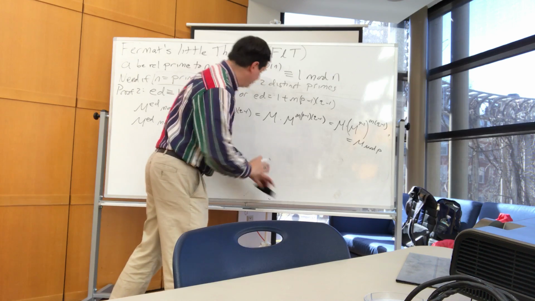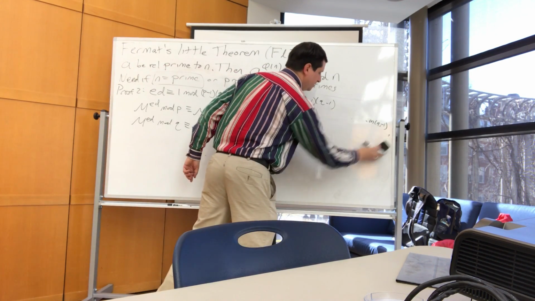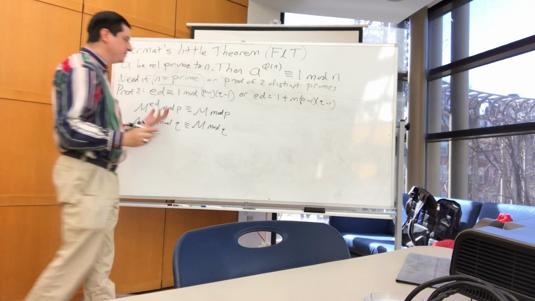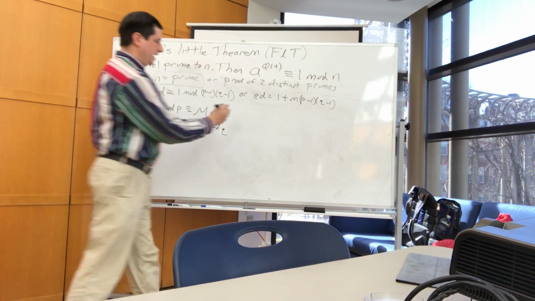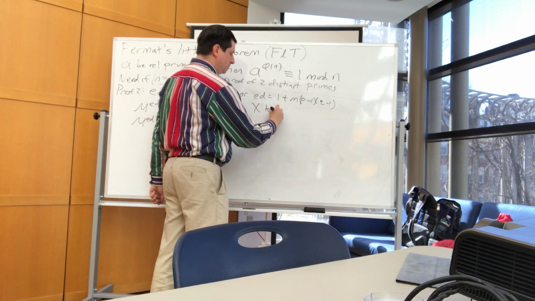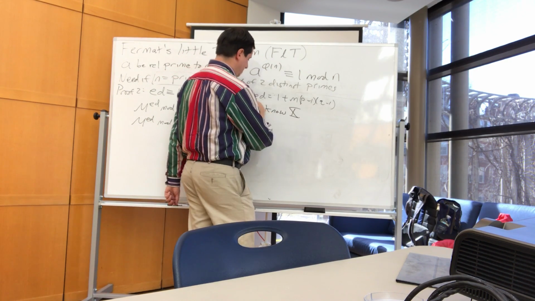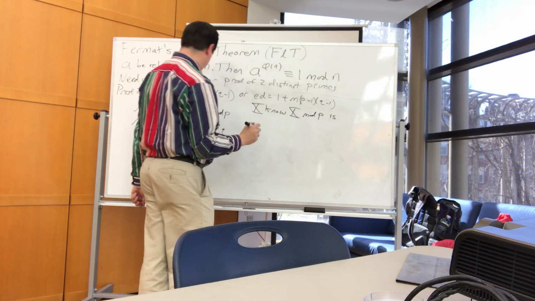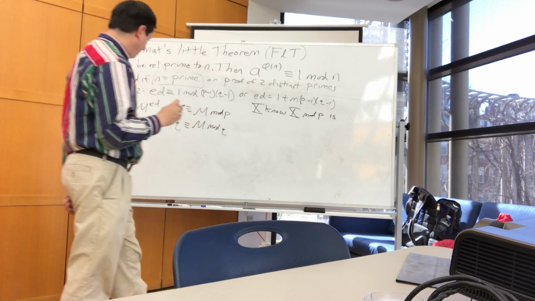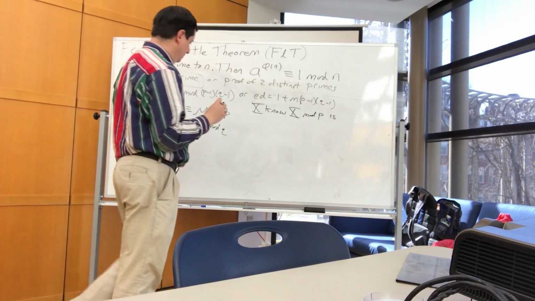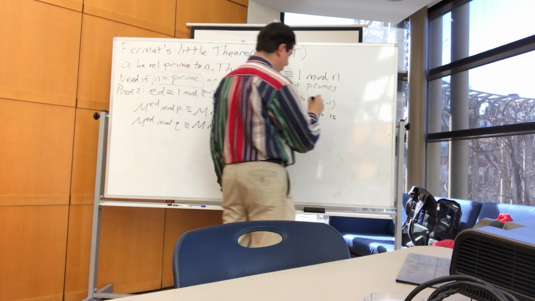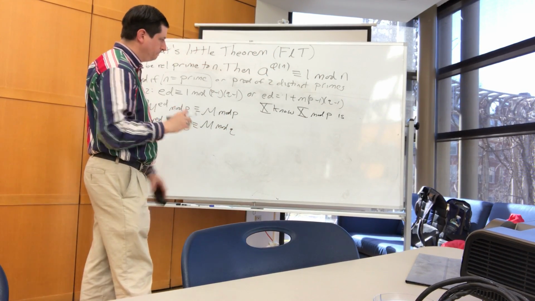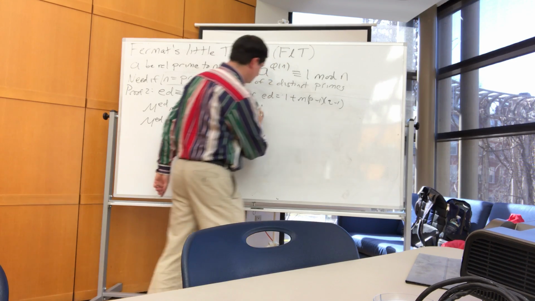All right, in the interest of space, I'm going to erase all of this, and let's just recap. So I have some number x. Let's go back a little bit.